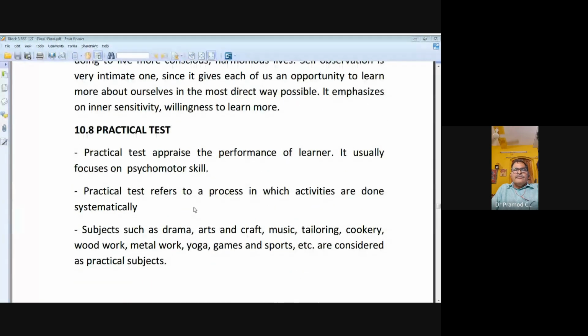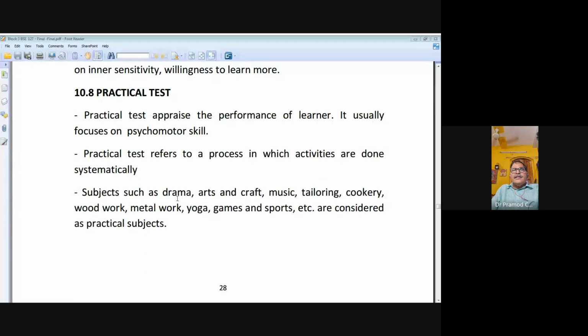Practical test. After the theoretical test, in the case of science, we conduct a theory examination and also a practical examination. In the practical examination, we focus on skills. Subjects like drama, art, craft, music, tailoring, cookery, woodwork, metalwork, yoga, games and sports are all practical subjects.